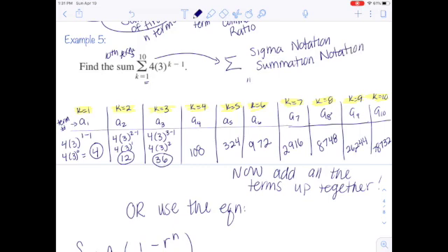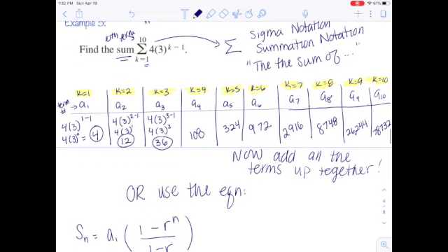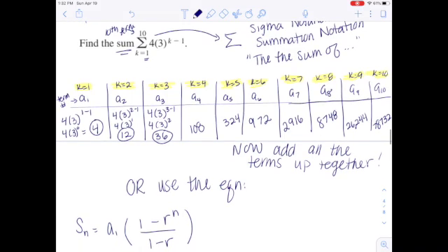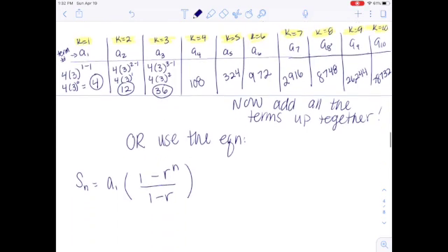And it really means the sum of. So the directions, do they really need to say find the sum? No, not really. Okay, so now you're going to take all your 10 terms and add them all up together, and that's your answer. Okay, let me show you how to use the equation.